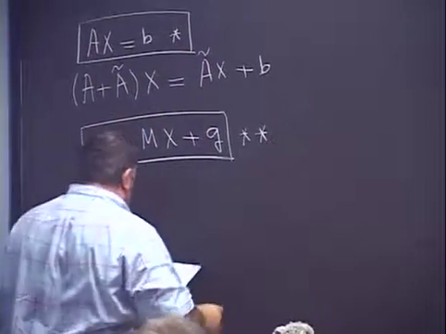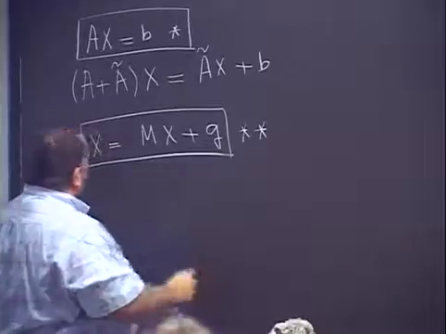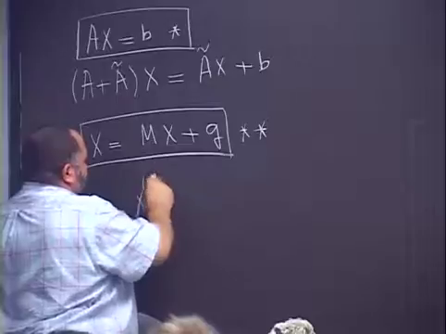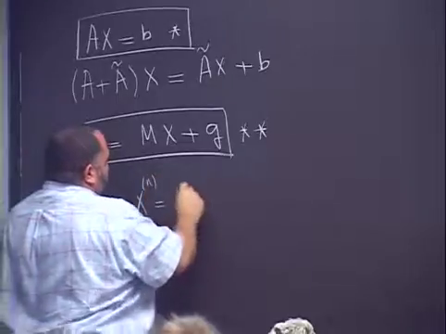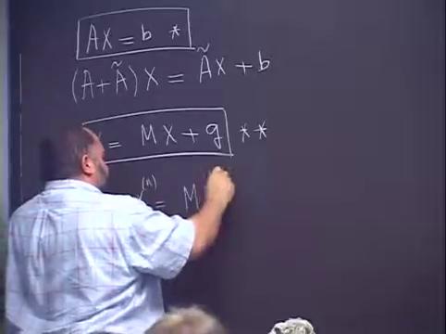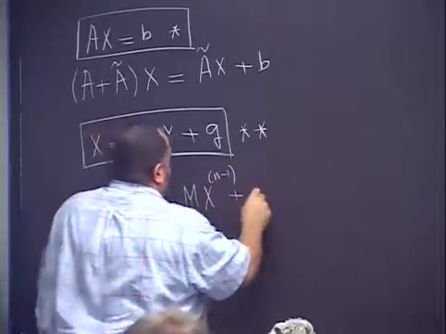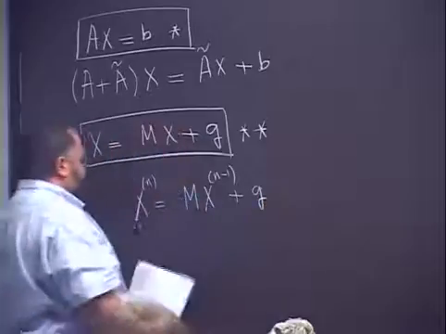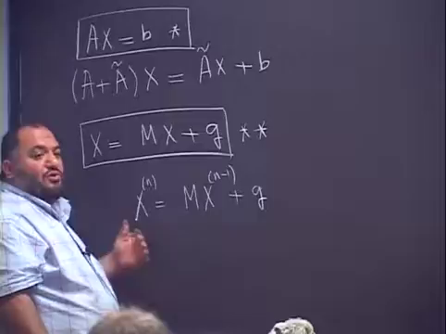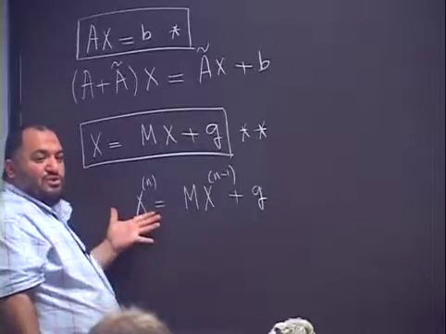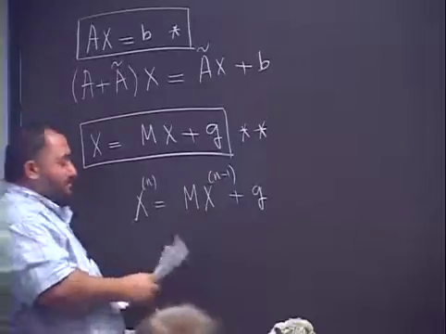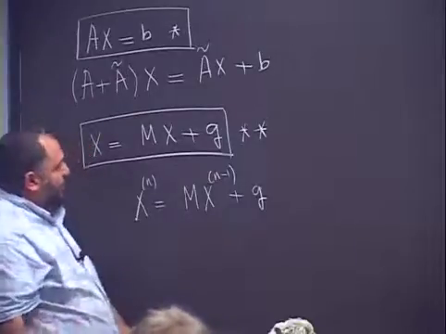And we define the iteration so that the vector x after the nth iteration is the matrix M multiplied by the vector x at the (n minus 1)th iteration plus the matrix G. And we stated several lectures ago, and also last lecture, what is the condition for the convergence of this iteration technique?